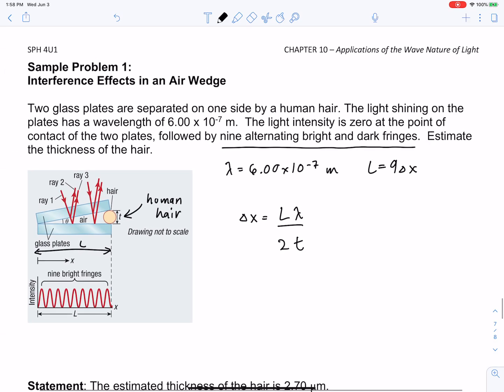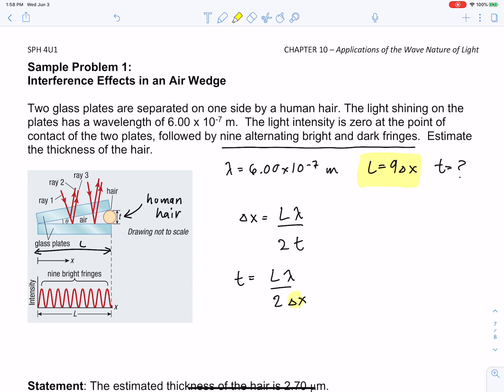Our job is to estimate the thickness of the hair. We need to find what t is equal to. So we can rearrange this equation for t. T is equal to L lambda over 2 delta x. Now, we said that this entire length of glass plate is equivalent to 9 bright and dark fringes.